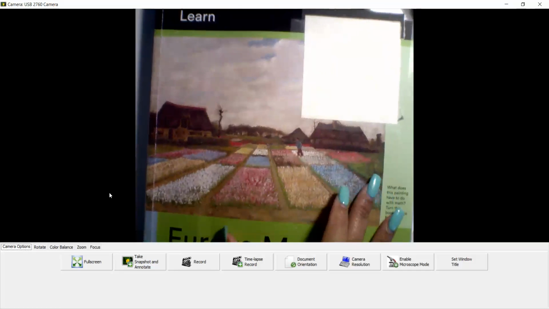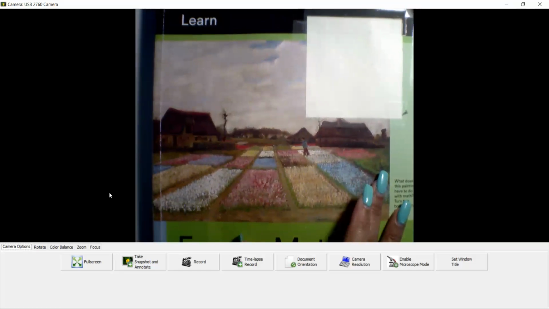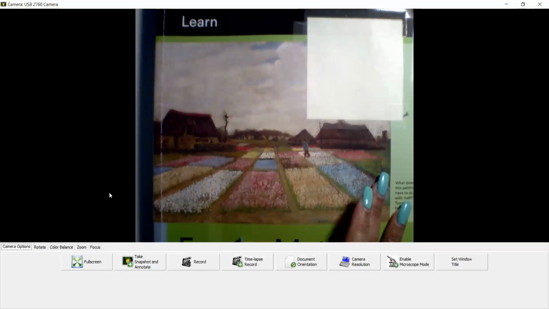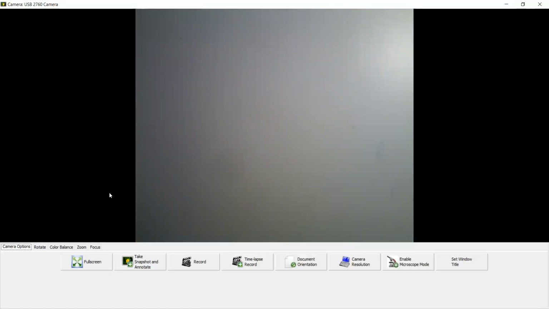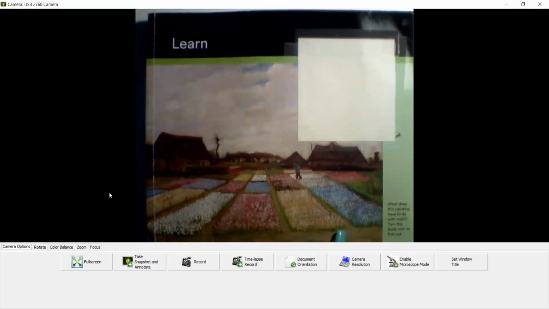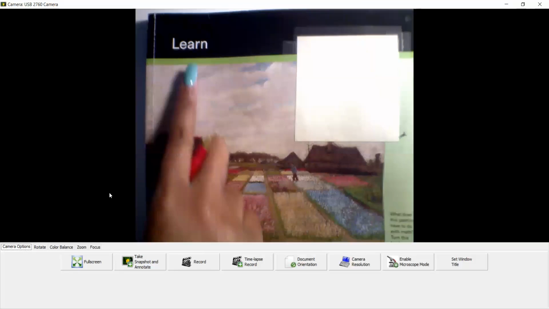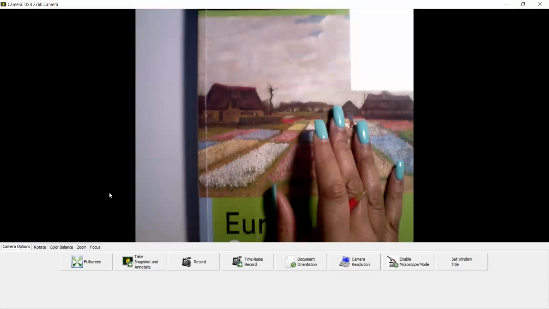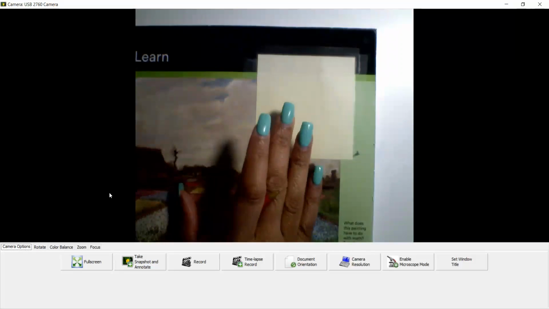This lesson is for page 197. It can be found in your Learn book with the blue strip and the yellow sticky note.